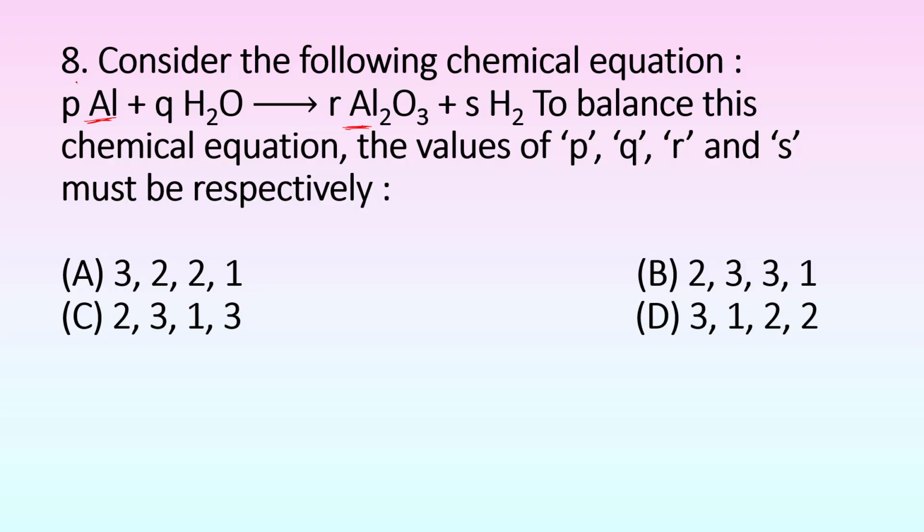To balance it we multiply by 2 here, and after that on left hand side we have 1 oxygen and on right hand side we have 3 oxygen, so we multiply by 3 here, and if we multiply by 3 then we have 6 hydrogen and here we have 2 hydrogen. To balance we multiply by 3, so the values of P, Q, R and S are 2, 3, 1 and 3, that is option number C.